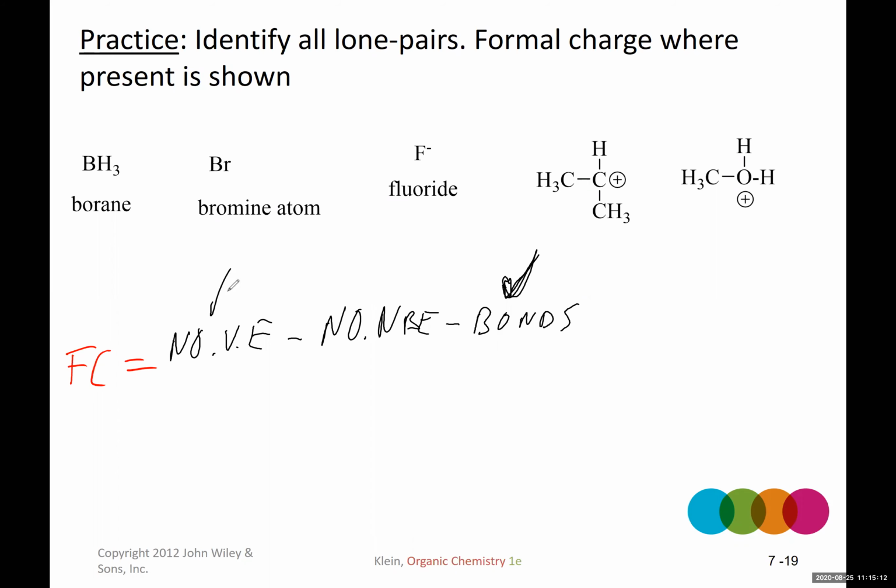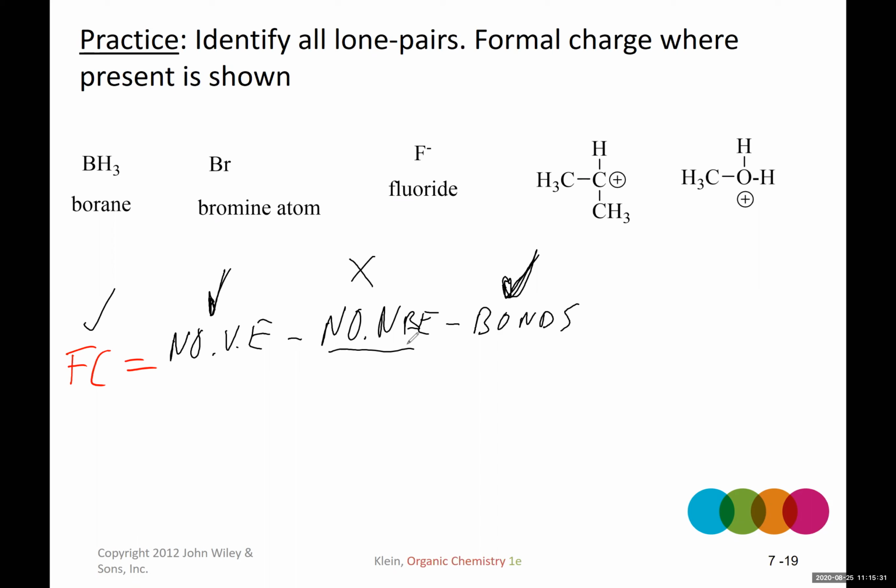You have the structure, so you know the atoms involved, so you know the valence electrons around those atoms when they're neutral. And you will be given the formal charge. So in that case, the variable x is the number of non-bonded electrons. You just solve for that.